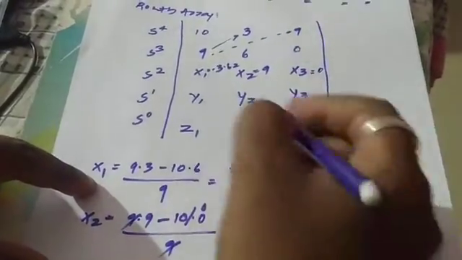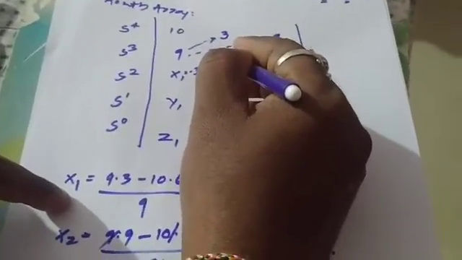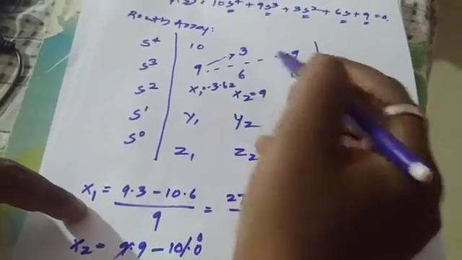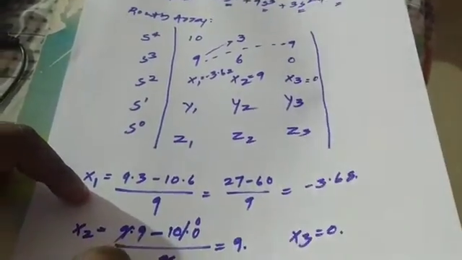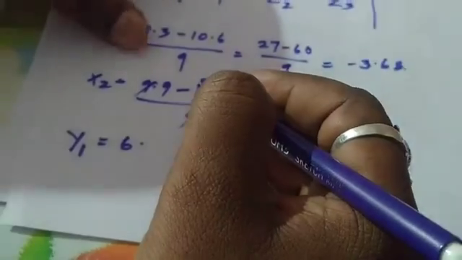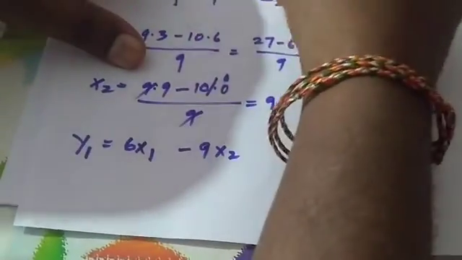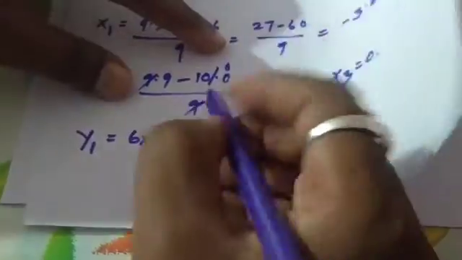Now y1 is equal to (6 into x1 minus 9 into x2) divided by x1.